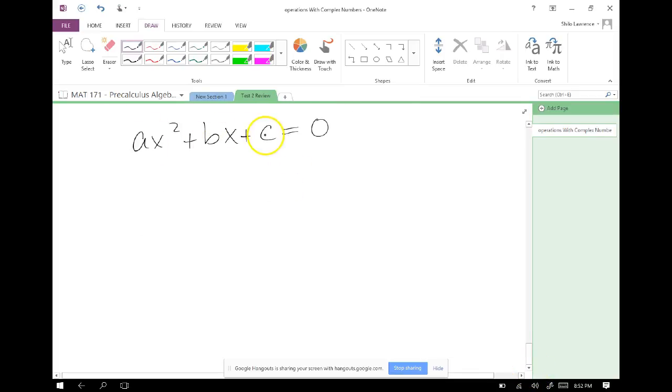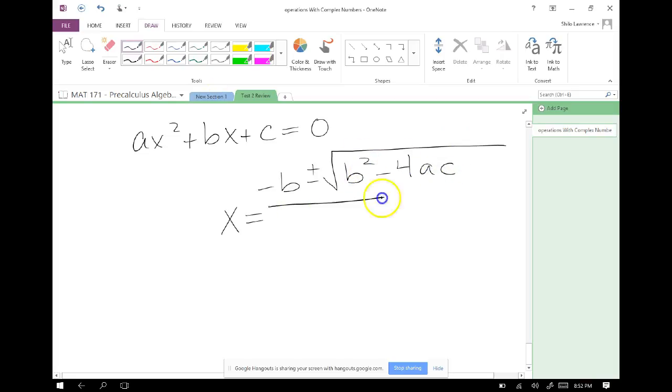The a, the b, and the c are going to just be numbers. And if we can identify what those numbers are, we can get the solutions by using the formula x equals negative b plus or minus the square root of b squared minus 4ac, all over 2a. It's a fairly complex formula, but it works every single time on every single quadratic equation.